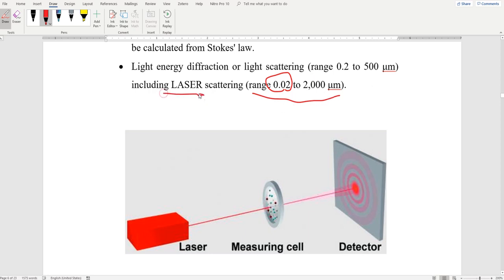Laser is used for many things, including in surgery.